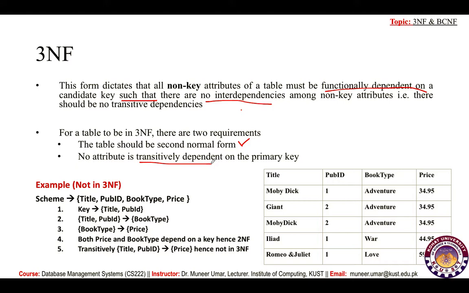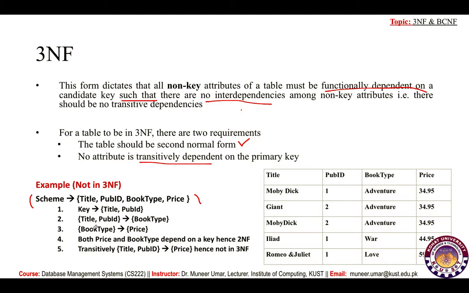So here we have an example for 3NF. Actually, this table is not in 3NF. Here we have a table named scheme. It has some attributes: title, publication ID, book type, and price. So keys are title and publication ID.